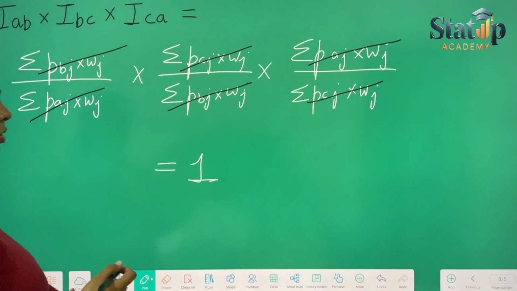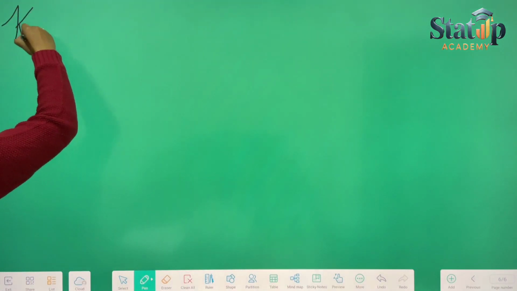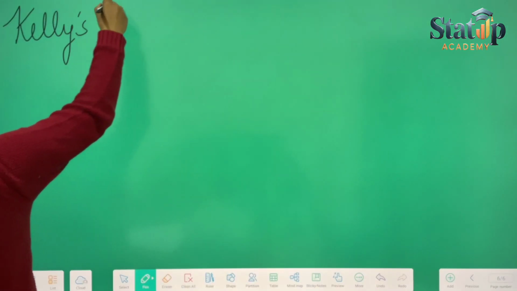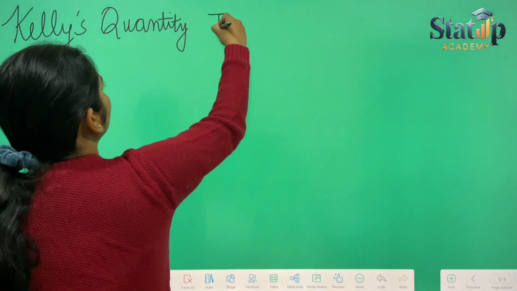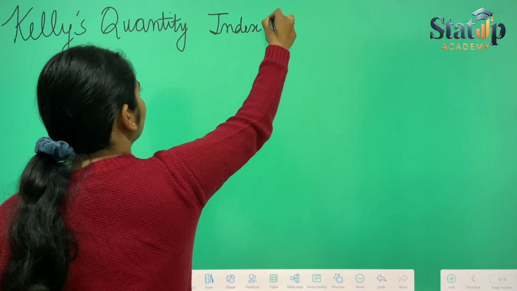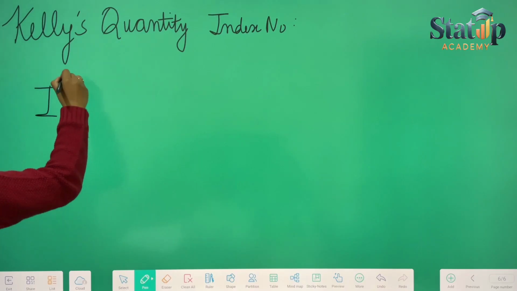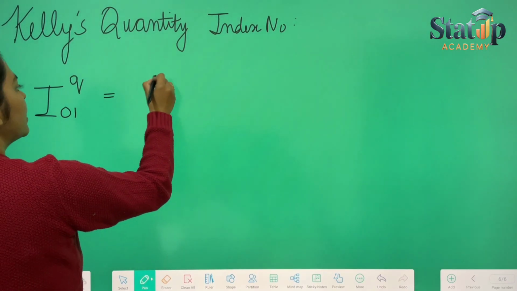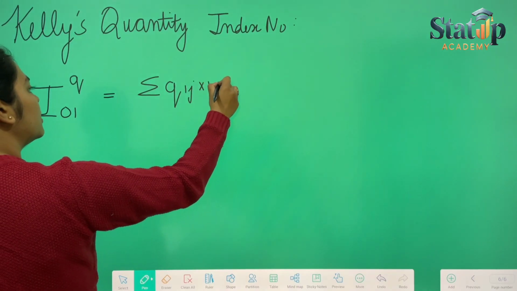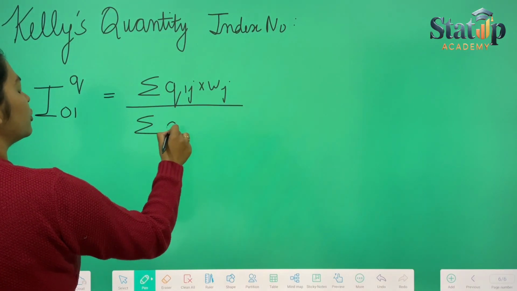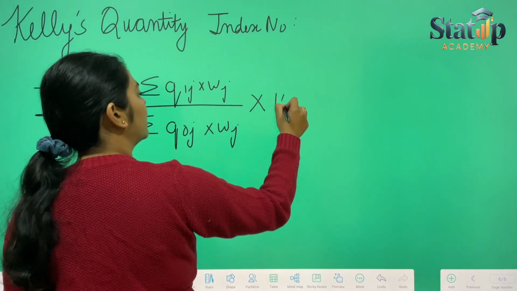If I say Kelly's quantity index number, then it would be I01Q equal to summation of Q1J Wj upon summation of Q0J Wj, multiplied by 100.